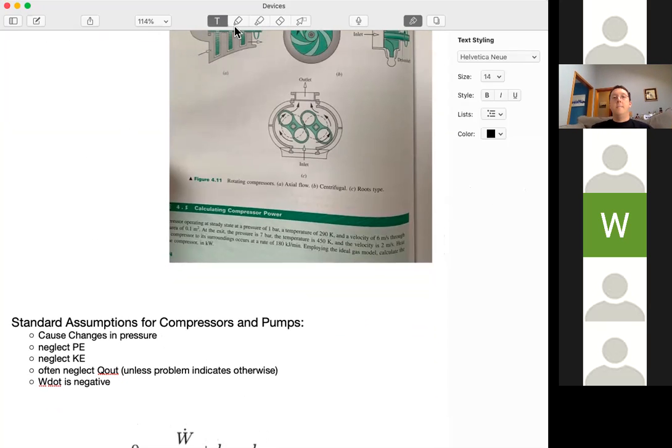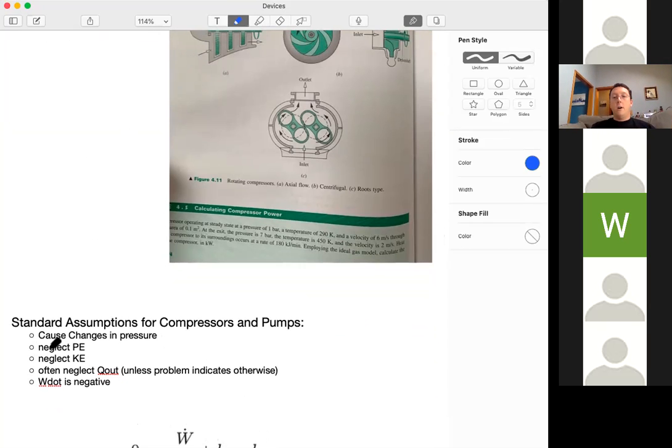All right. They cause changes in pressure. Typically, they're not so big that you incorporate potential energy changes. So you can ignore potential energy effects as usual. Usually, you can neglect the changes in kinetic energy.